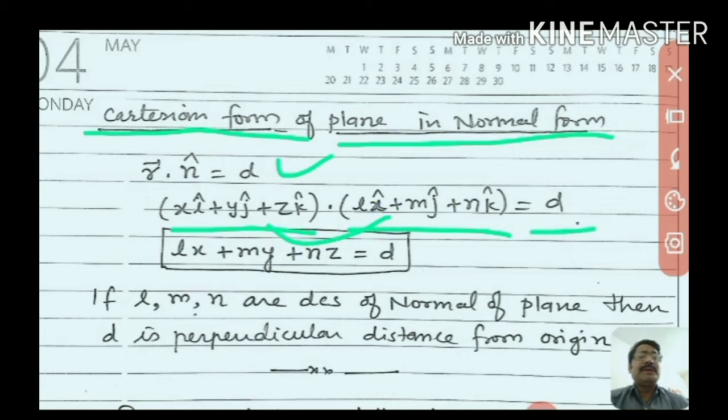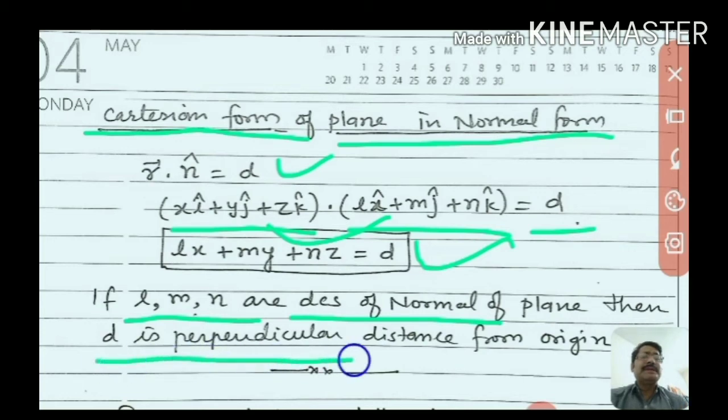If you do the dot product, you will get l x plus m y plus n z equal to d, and this is the Cartesian form. In the Cartesian form of the plane in normal form, l, m, n are the direction cosines of the normal of the plane, and d is the perpendicular distance from the origin.